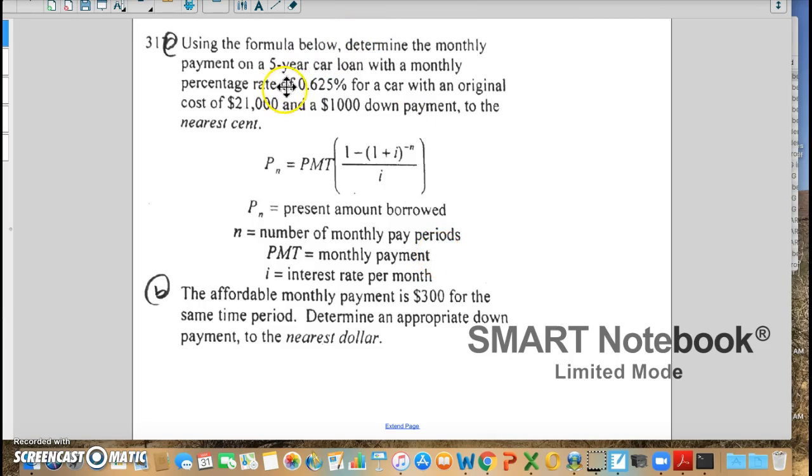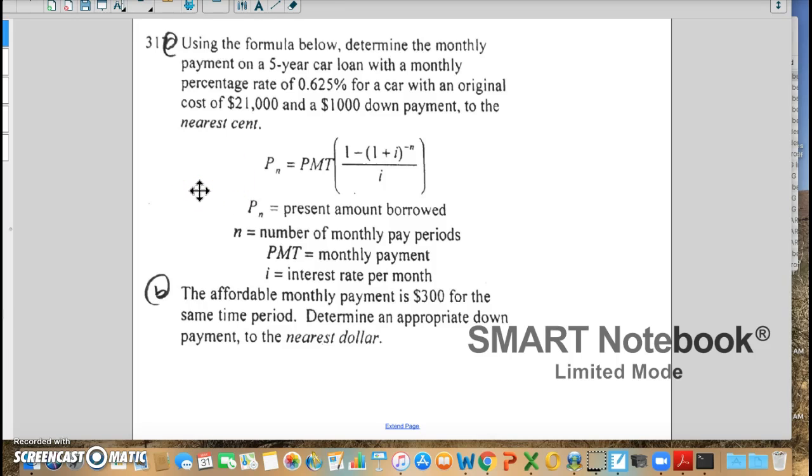The percentage rate, 0.625%, that's our i, and you're going to write that as 0.00625. And the original amount is $21,000 minus the $1,000 down payment, so P sub n, the amount borrowed, is $20,000.